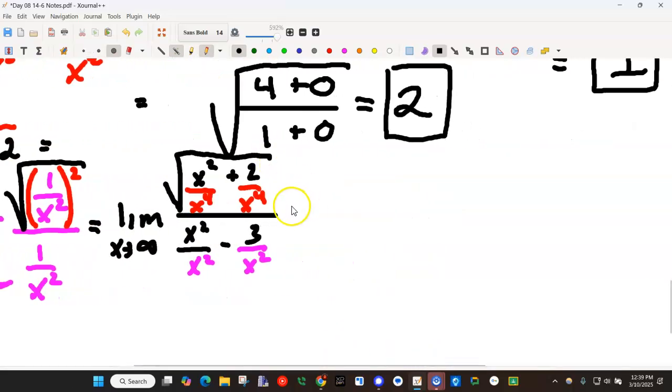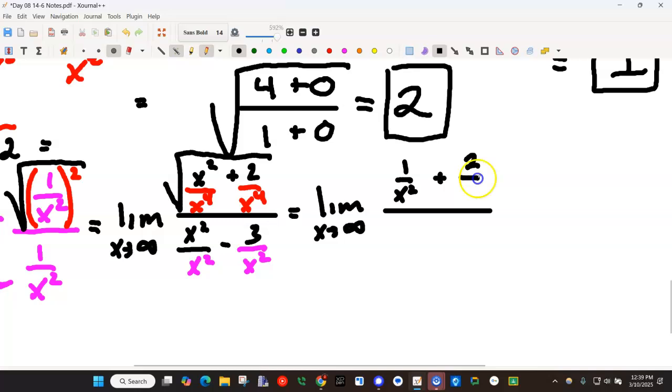So now we can simplify everything. All right, x squared over x to the 4th is 1 over x squared. And then 2 over x to the 4th. I can't simplify that. But on the bottom I have x squared over x squared, which is 1, minus 3 over x squared.